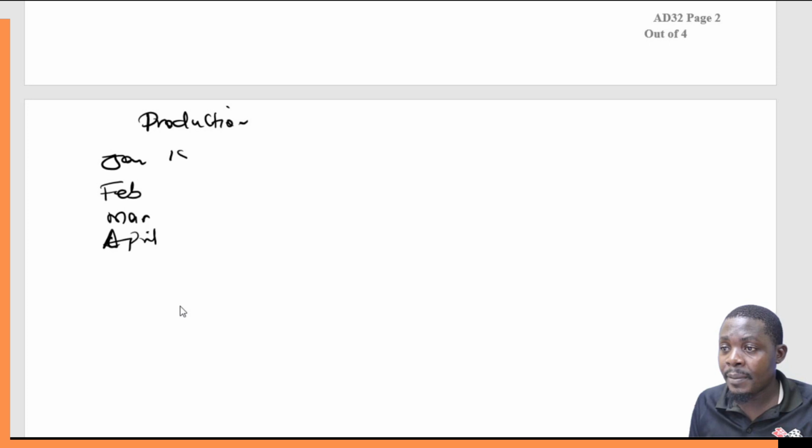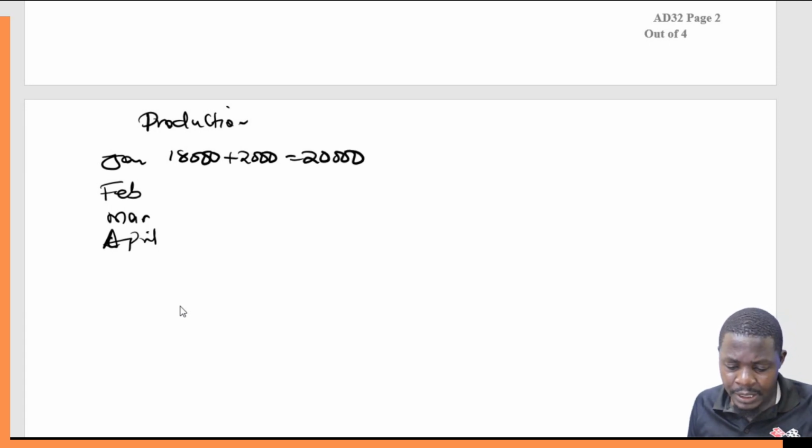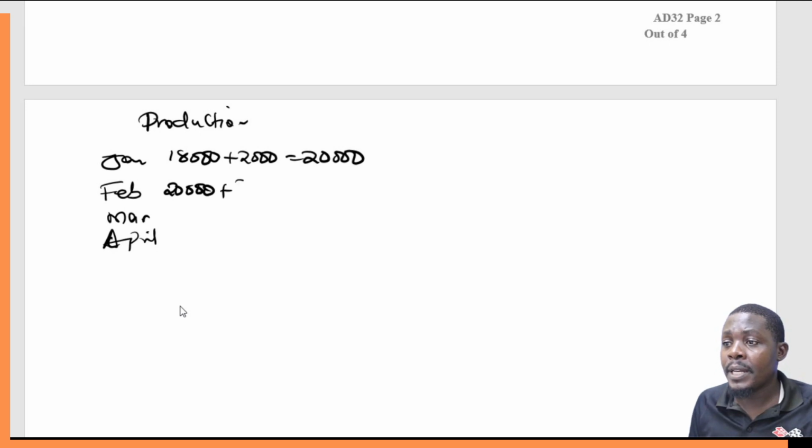In January, remember December it was 18, but we are going to add 2,000. We have 20 in January. In February, increasing by 2 million per month, we have 20 million plus 2, that is 22.